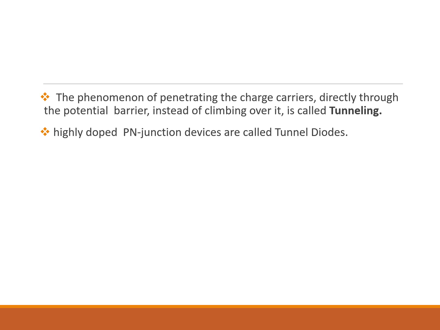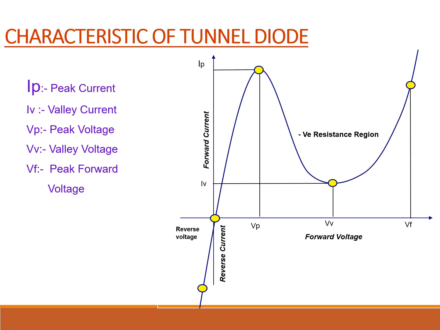The charge carriers are not climbing over the barrier potential, but instead are making a tunnel-like path and moving from one region to another. So this is a highly doped PN junction diode.